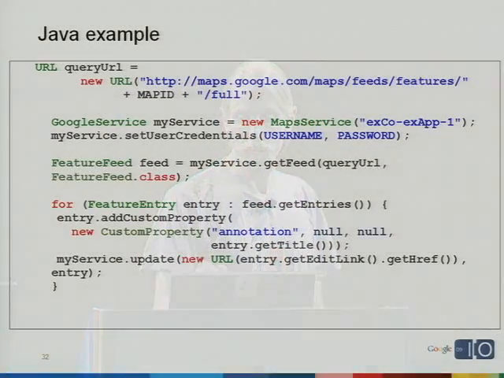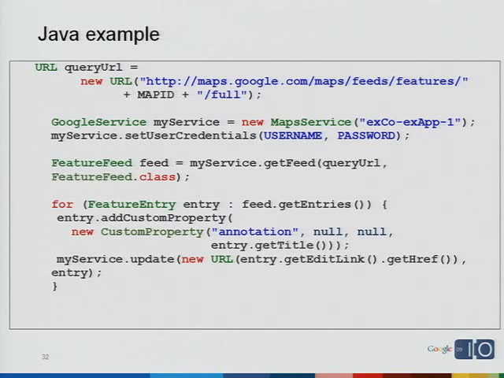And so all we're doing here is adding a new custom property for each entry. Just to make this example really simple, we're defining the custom property to be what we call an annotation property. It's just something that I made up. And we're setting the value of that to the title of the entry. So then we just call my service update. Now again, this is synchronous, so we're going to have this synchronous operation once per entry.